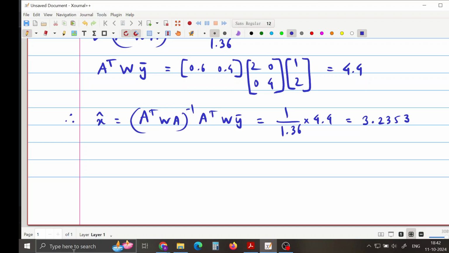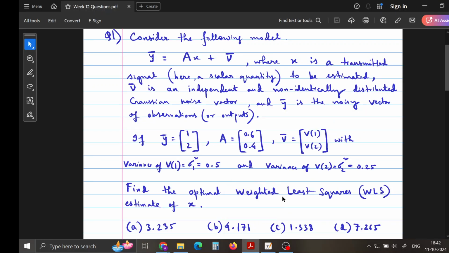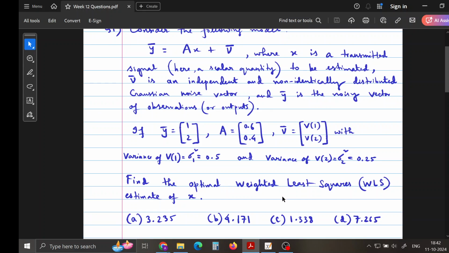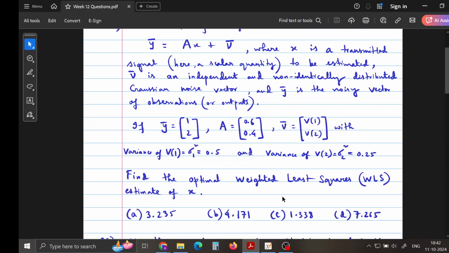This is your WLS estimate, the weighted least squares estimate of X, and the correct answer is clearly option A, 3.235.